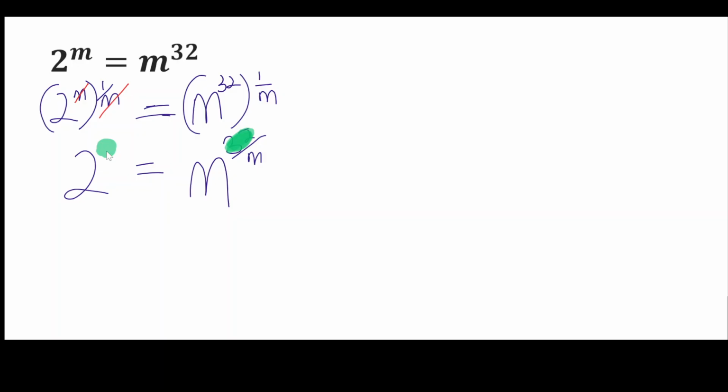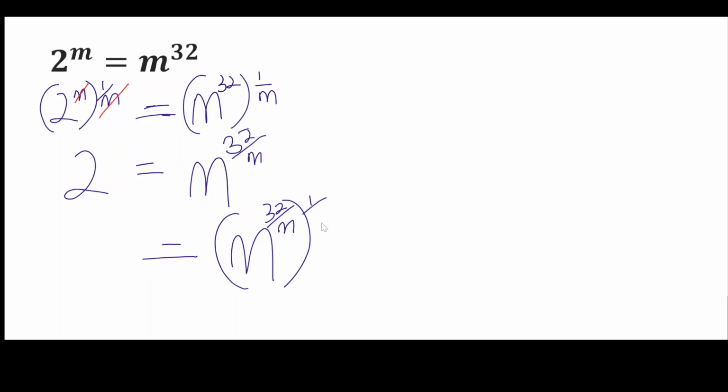So what are we going to do? We are going to multiply the powers by 1 over 32 also. Let me do the right hand side first. It's going to be equals m to the power of 32 over m, then I'm going to be having 1 over 32.